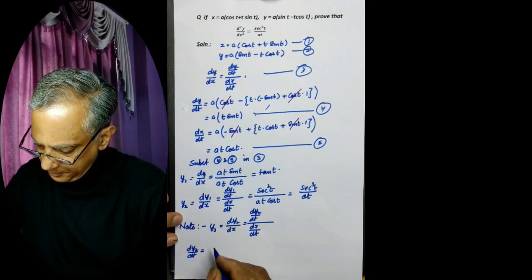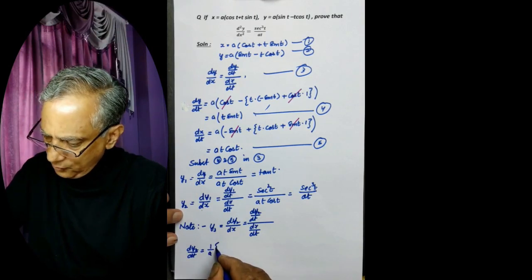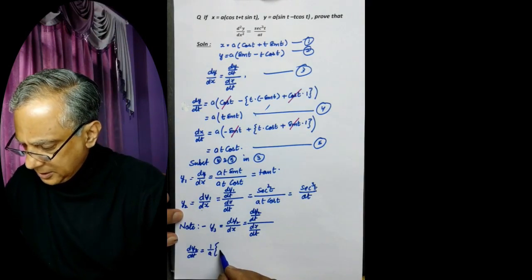This is equal to 1 by a is common, and here we will use the quotient rule.